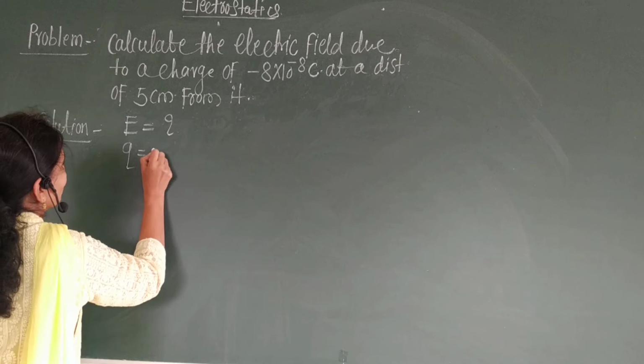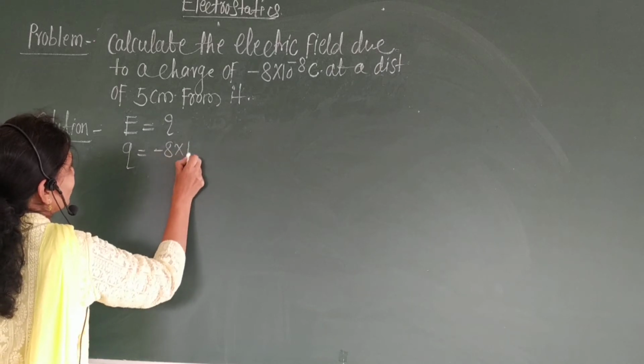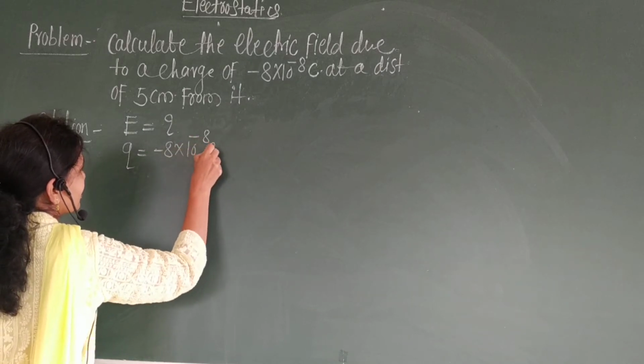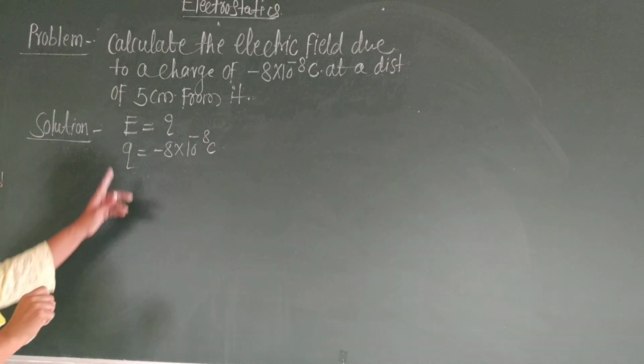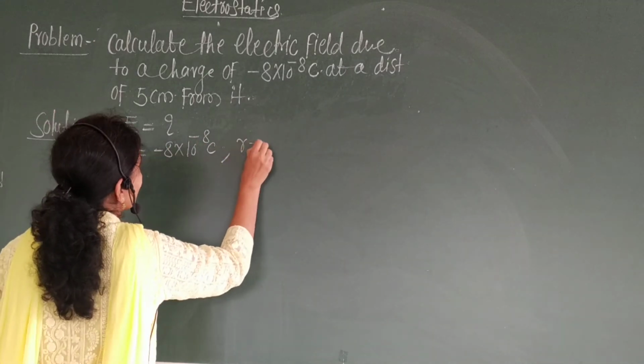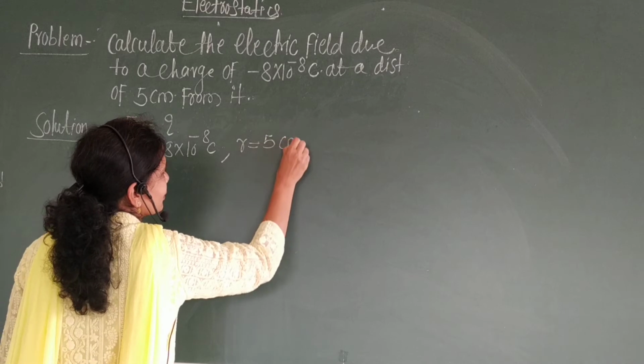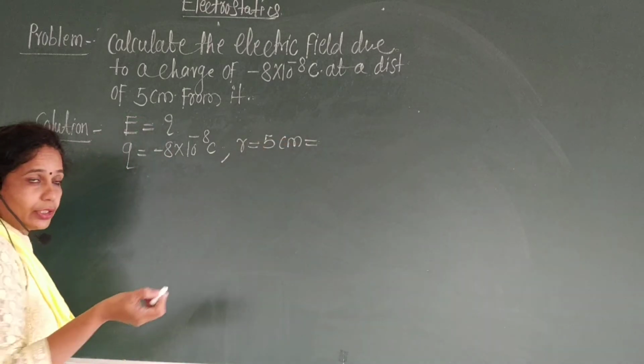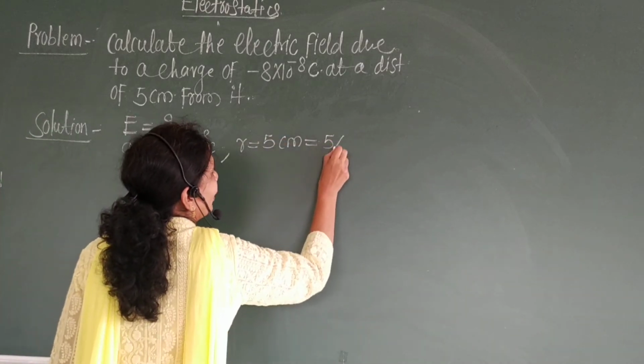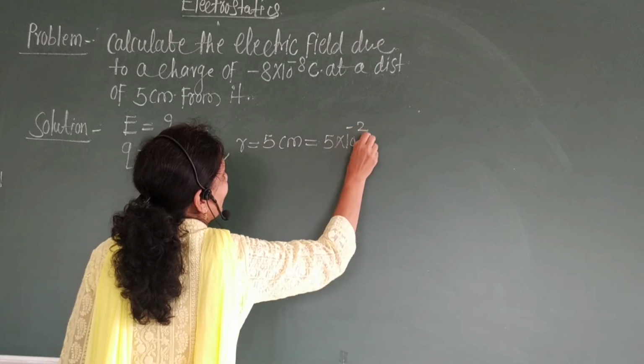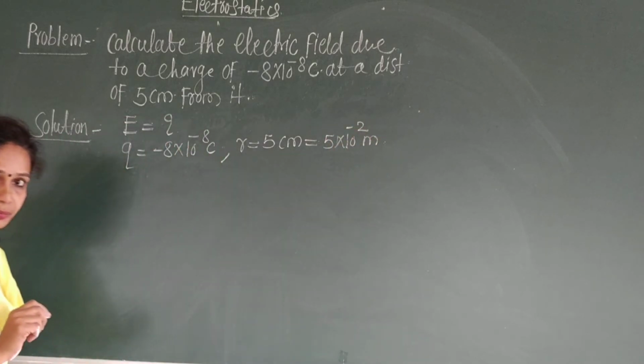Therefore, Q is equal to the -8 into 10 raised to -8 coulomb. At a distance of, therefore, R is equal to the 5 centimeter. Convert it into meter. Therefore, 5 into 10 raised to -2 meter.